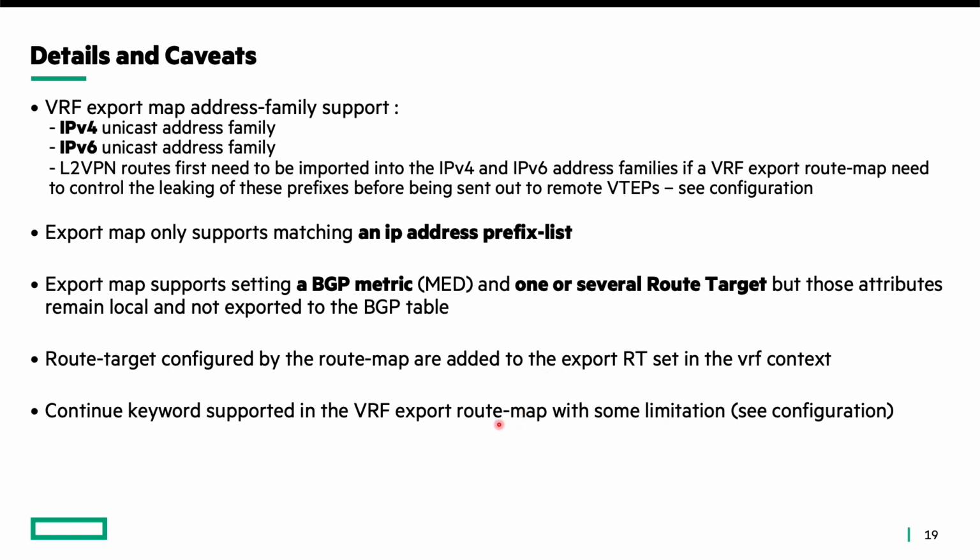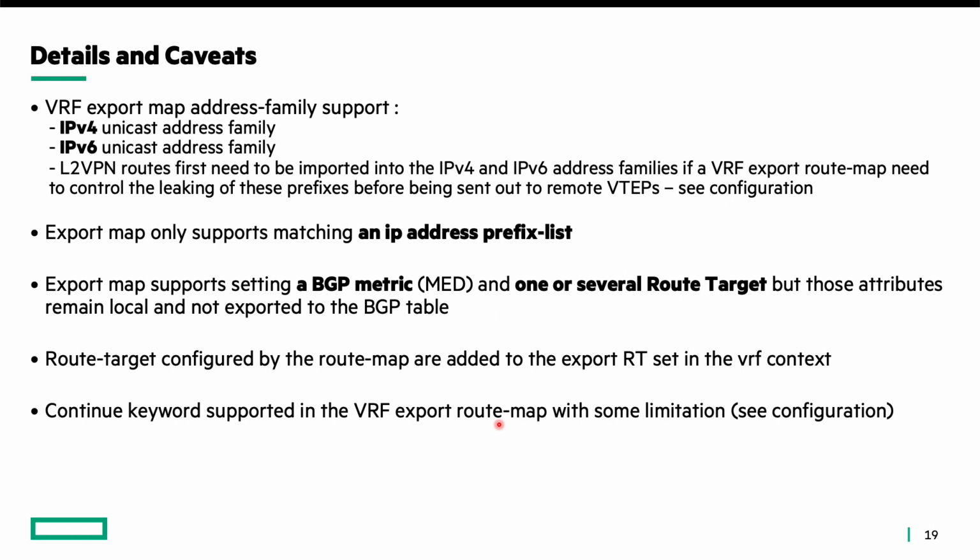The continue keyword: the default behavior of a route map is that on the first match, the route map will just stop being processed. So if sequence 10 is matching the condition, you will not go to the further sequence, which can be sequence 20. You can use a continue keyword to oblige the switch to evaluate the further conditions.